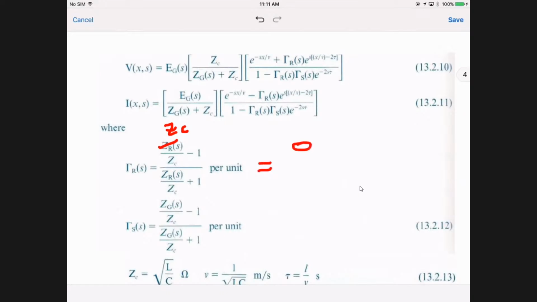ZC divided by ZC is 1. 1 minus 1 is 0. I don't care what the value in the denominator is; it's equal to 0. That means there's no reflection. The wave coming into the load does not reflect back.